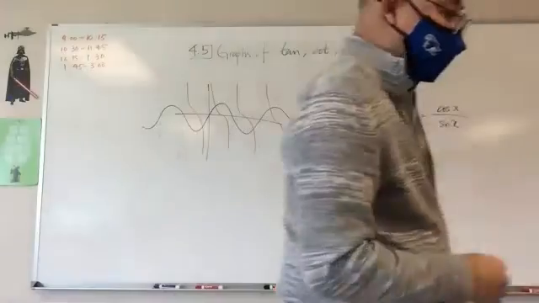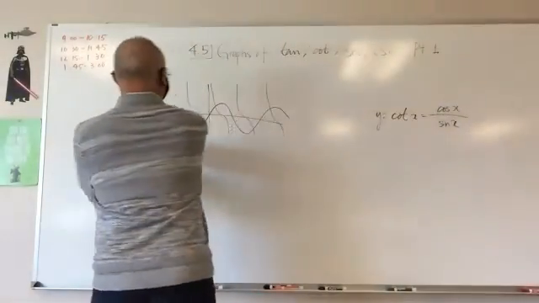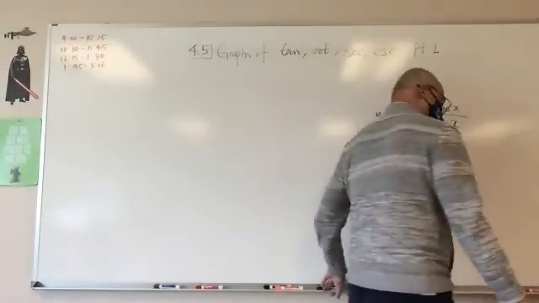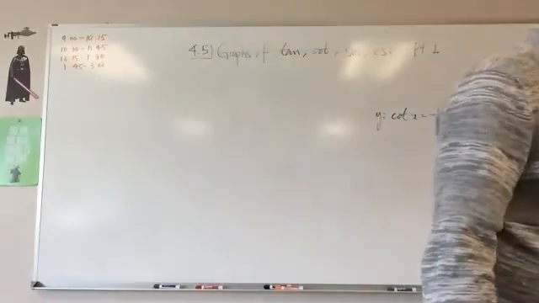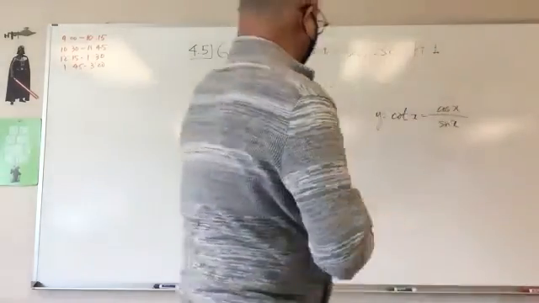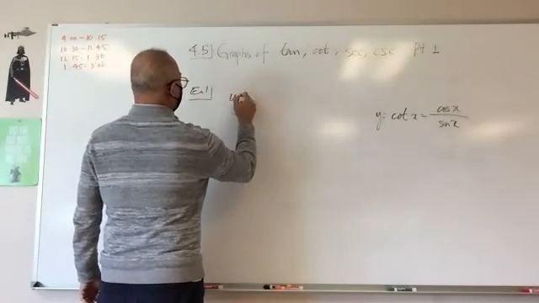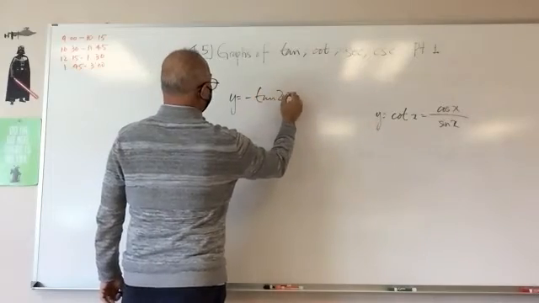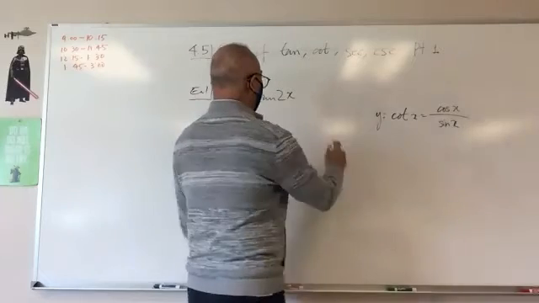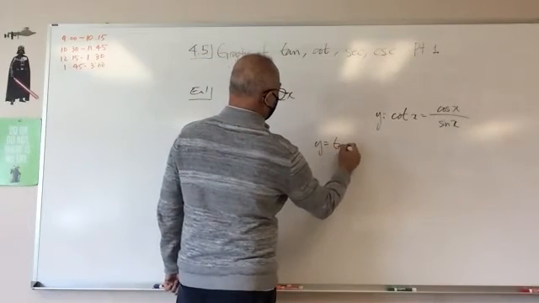Go ahead and look at example number 1. Describe the graph of the function y is equal to negative tan 2x. So we're going to start with the tan x. Y is equal to tan x, and we're going to do the transformation from this guy.